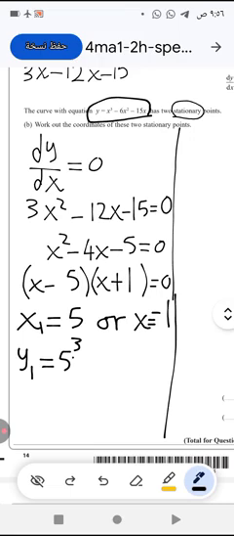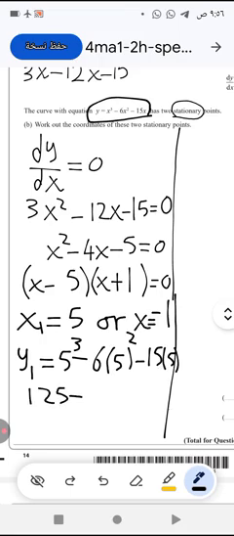5 to the power of 3 minus 6 multiplied by 5 squared minus 15 times 5. We know that this is 125 minus 25 times 6 equals 150, minus 15 times 5 equals 75.